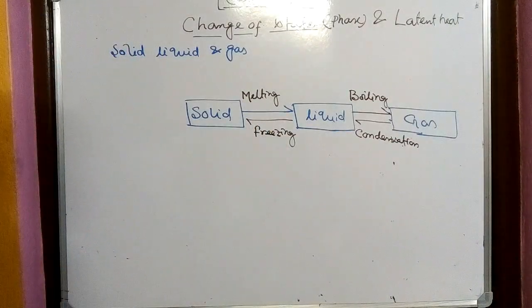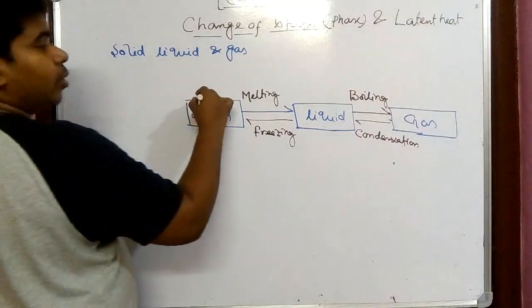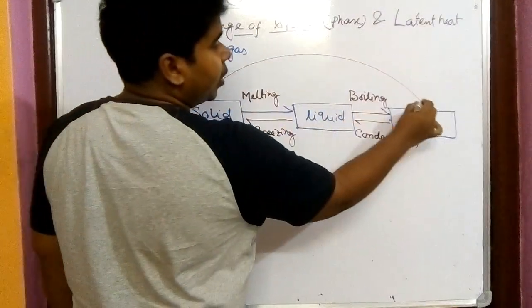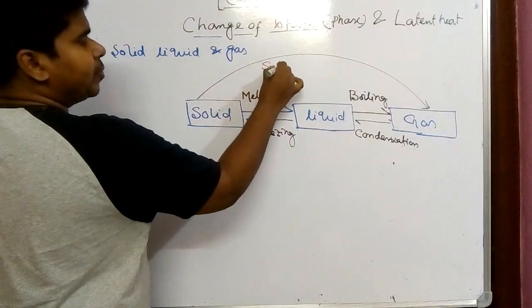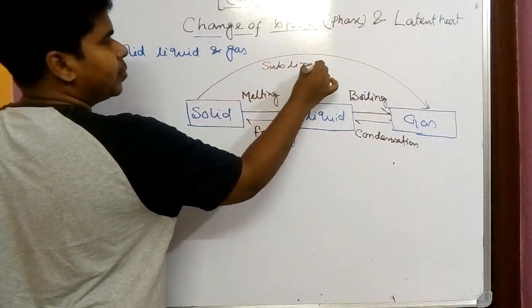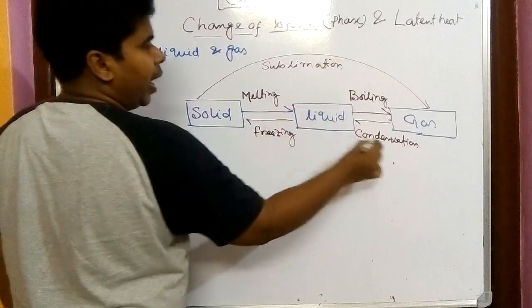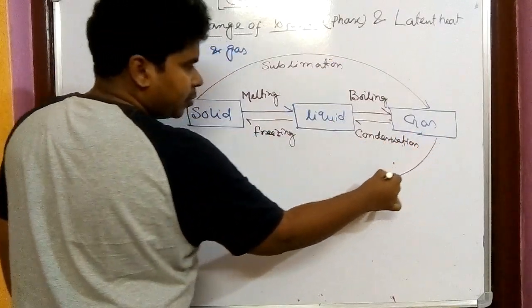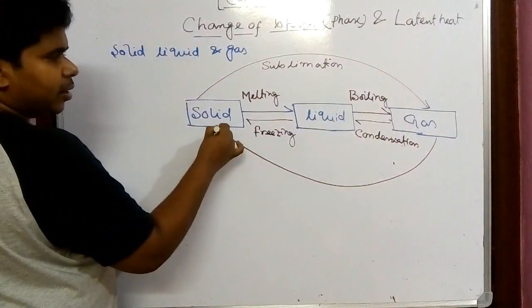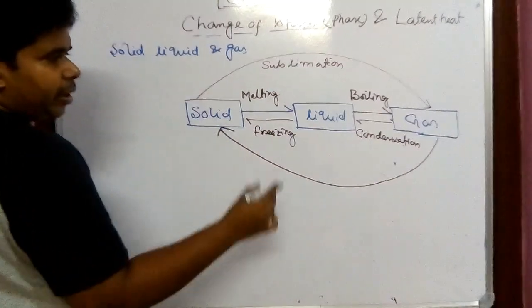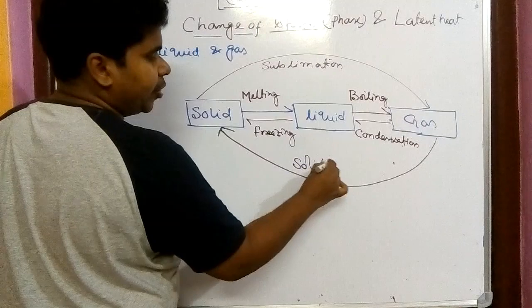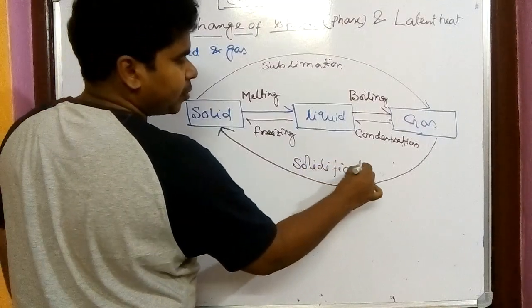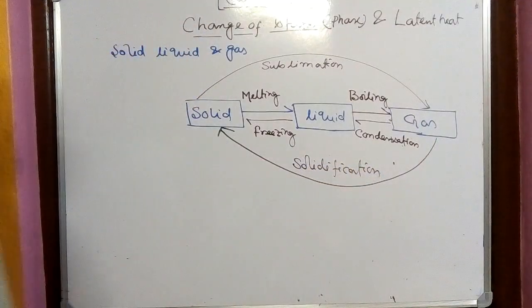Sometimes some solids, if you heat them, are directly converted into gas, and that process is sublimation. And if you take heat energy from the gas, for that type of material, it comes back to solid again, and it is known as solidification.